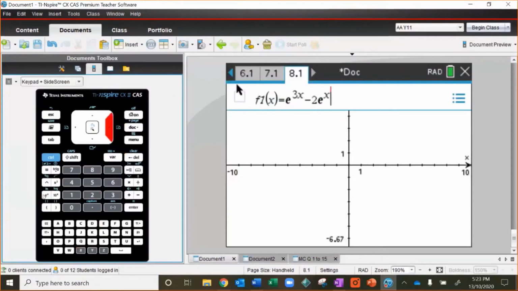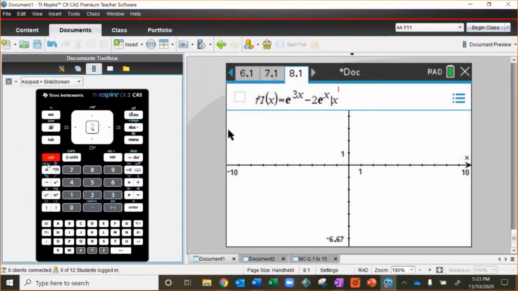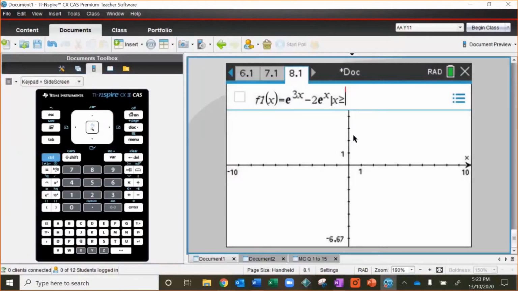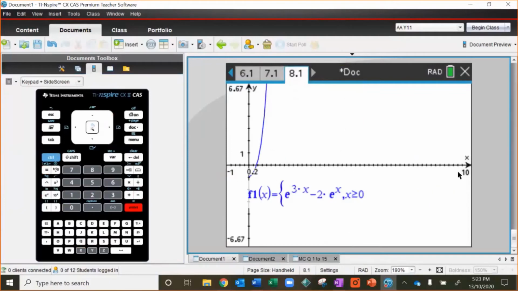We might say that basically that only really applies when time, or here we need to say x, is greater or equal to 0. So clearly we can see that part of the graph is below the x-axis, part is above. We might change the axis a bit.